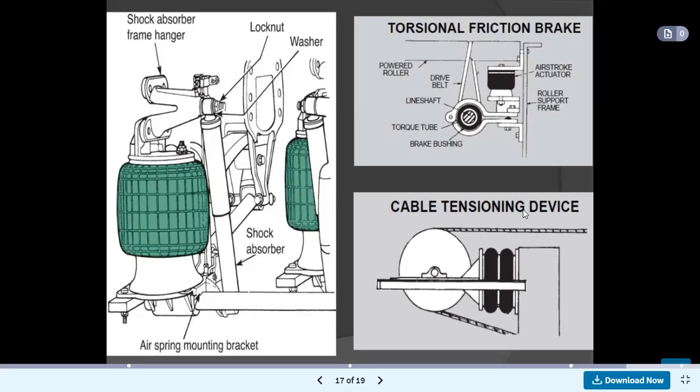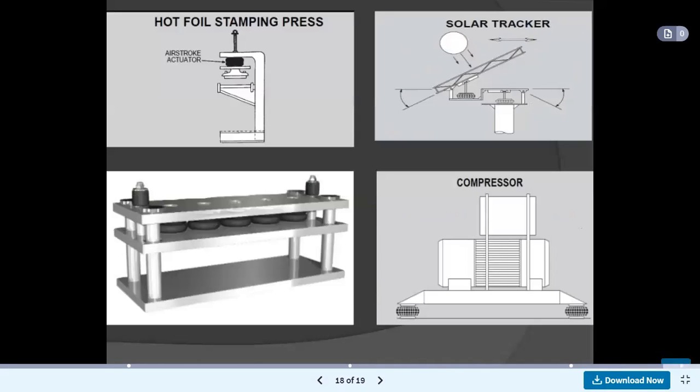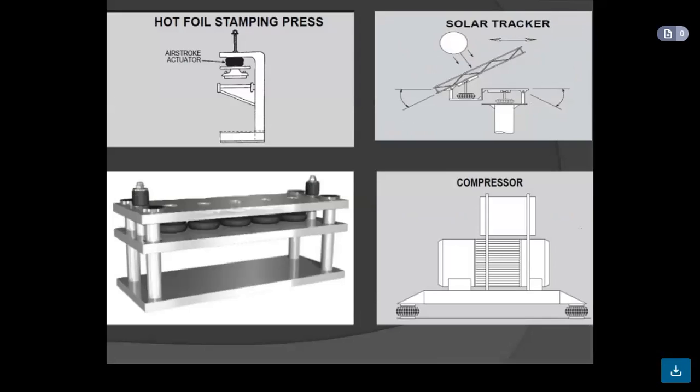Cable tensioning devices. So this is again a gas brake connected to the device. It is a circular portion, and with the help of belts, the power is transmitted. Hot foil stamping press.